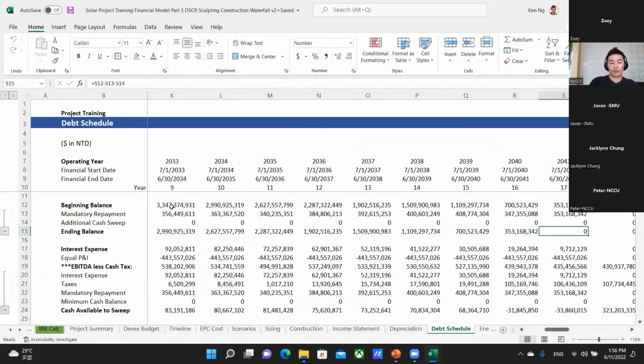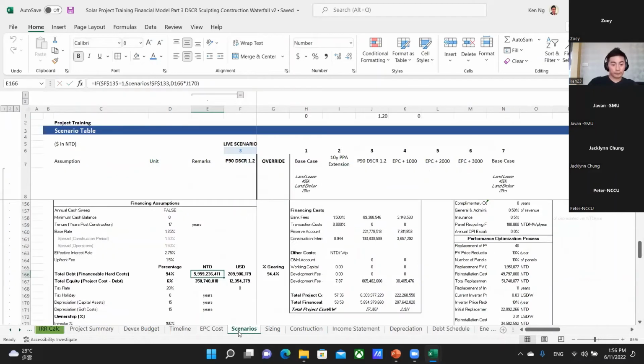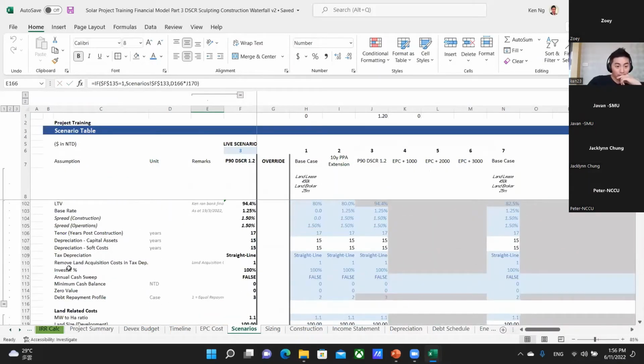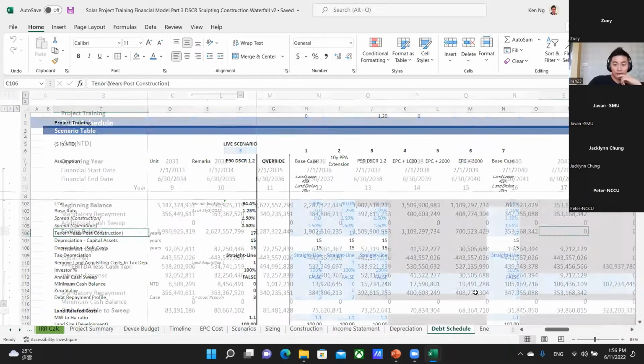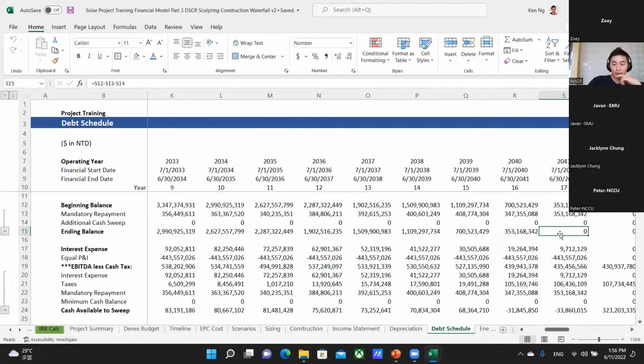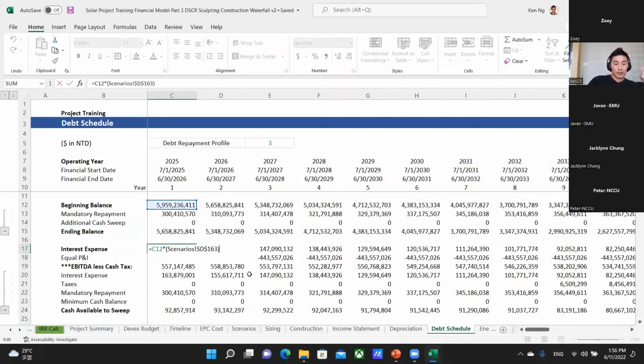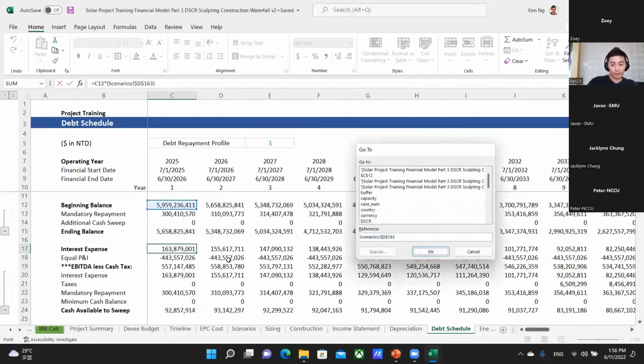And this is as per the assumption here, whereby our loan tenor is 17 years post-construction. So it means that at the end of 17 years of operations, we would have fully repaid our loan. So the interest expense is based on the interest rate that we have, right?